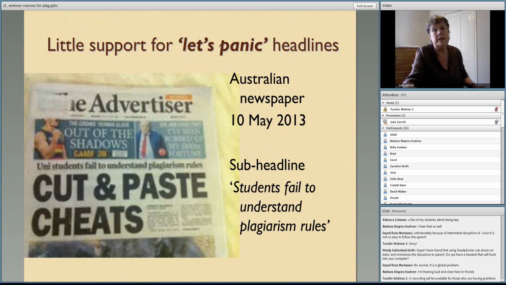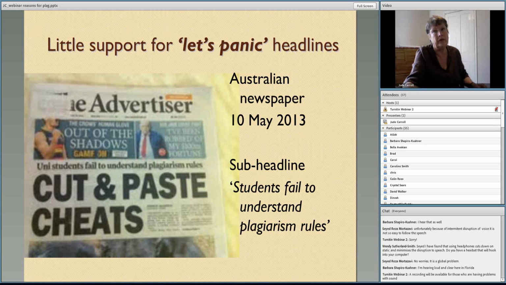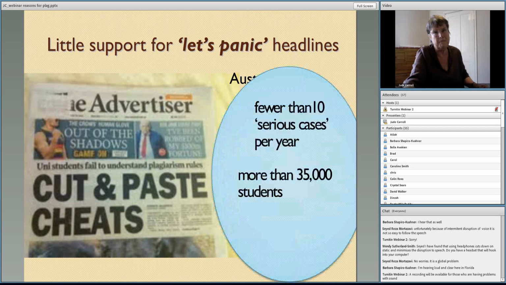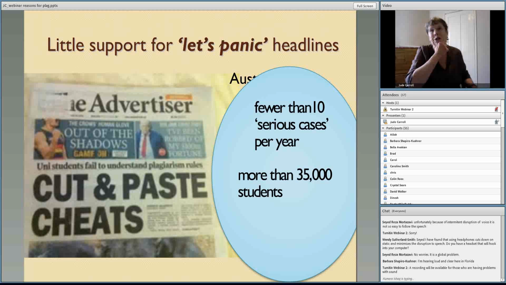It can sometimes distort people's ideas about how common or how prevalent this kind of cheating might be. If you read the article, it says they have fewer than 10 serious cases per year, and they have 35,000 students. Now, around the world, I can hear you all saying that is a massive underestimation for the number of serious cases.